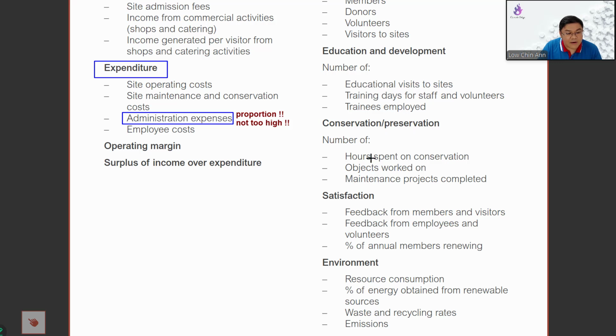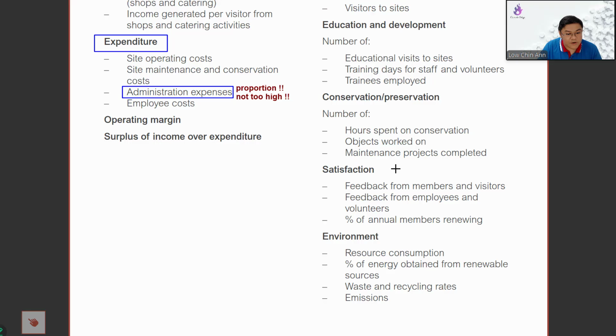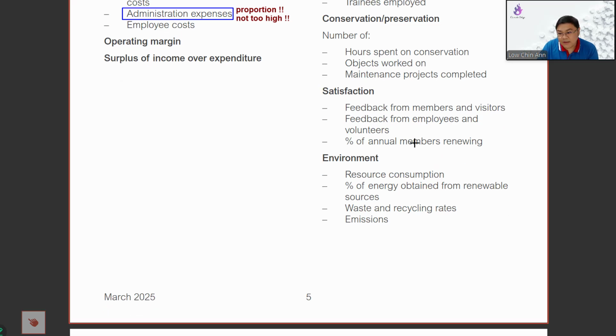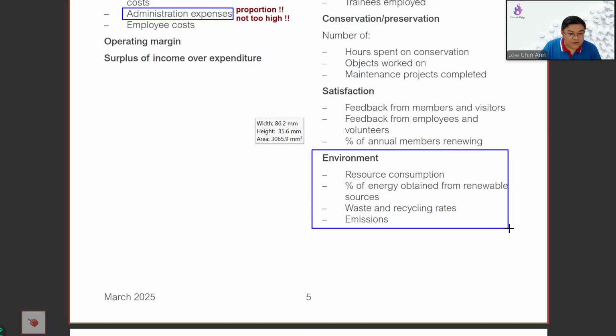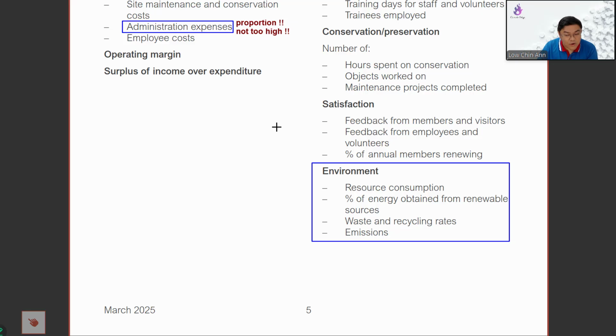Conservation, in terms of the hours spent on conservation, objects that they work on, and projects. Satisfaction, the feedback from members, feedback from employees, how many percent of the members are renewing. Environment, resource consumption, energy obtained, waste recycling, emission. So all that will be a good KPI for environmental reports or sustainability reports.